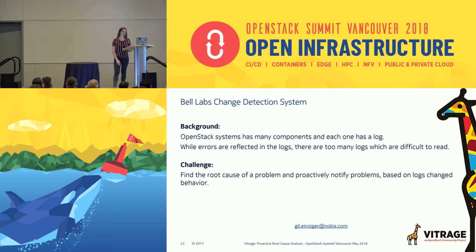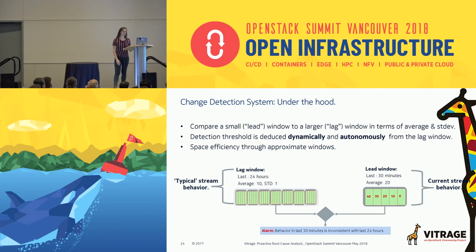And we want to do it based on log change detection. The idea behind the algorithm is that when there is something wrong with the system, the log behavior is different. Here we talk about the amount of logs.